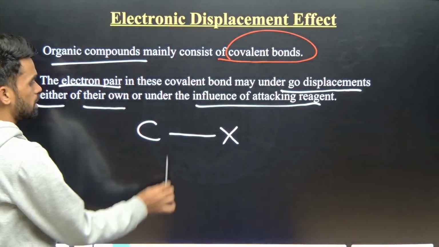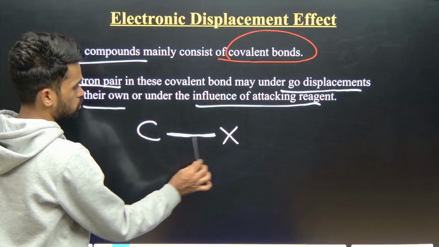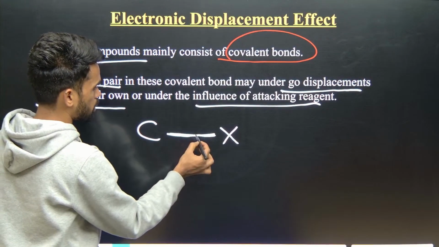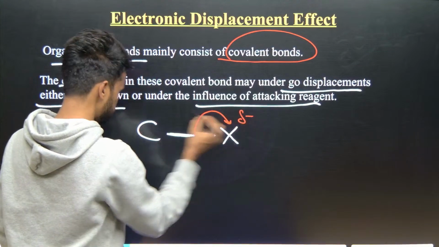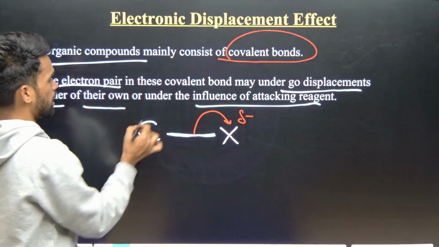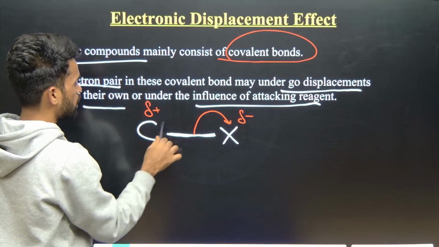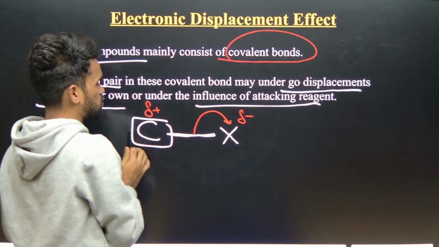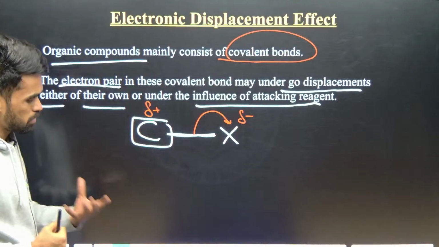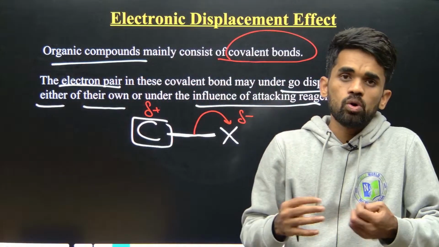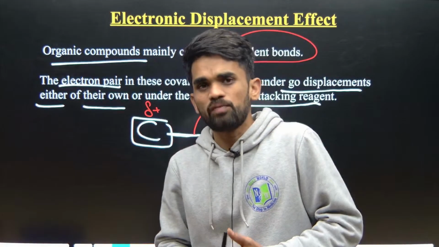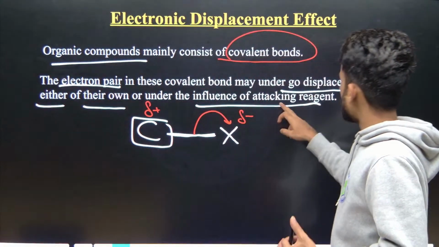Here, on its own, due to the electronegativity difference, the bond becomes polarized towards the halide with a partial negative charge, and a partial positive charge here. This is how electron displacement takes place. This displacement of electrons might be on its own or by the influence of external factors, from an external attacking reagent.